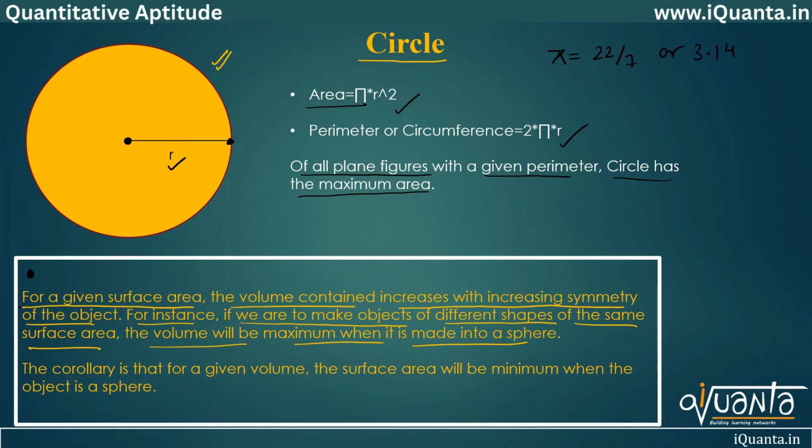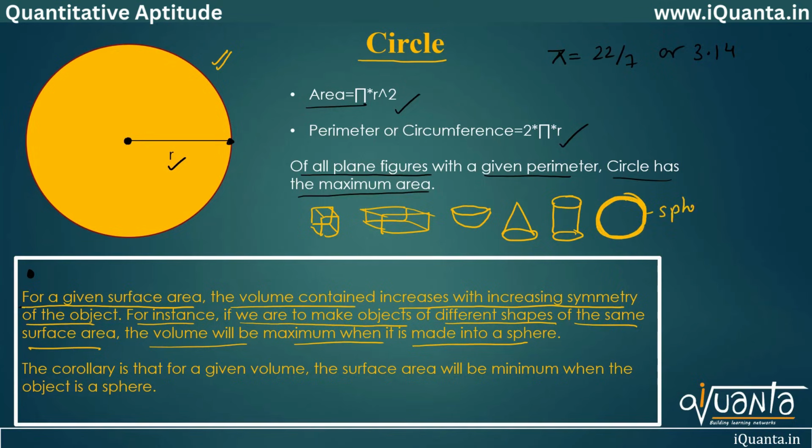So this point is saying that, for example, if you have been given a cube, then a cuboid, then after that if you are given a hemisphere like this, a cone, a cylinder, and at last you are given a sphere. This is a sphere. So which is the most symmetrical figure over here? Definitely it is the sphere.